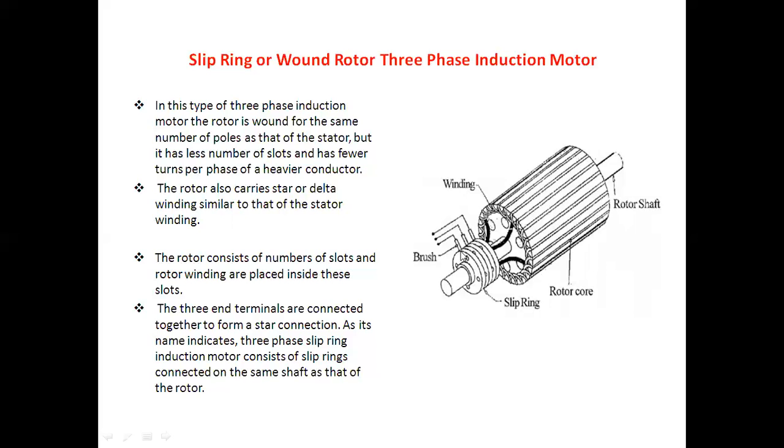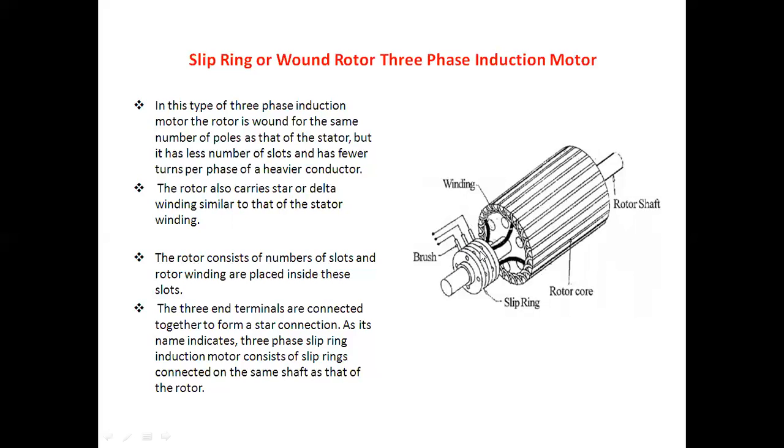This is the rotor shaft, those are the windings, these are the brushes, and this is the slip ring that is mounted on the same shaft as that of the rotor.